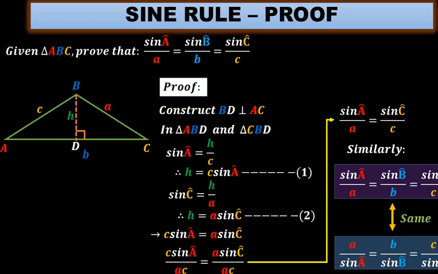They are the same in all respects. So even if you were asked to prove that a divided by sin A is equal to c divided by sin C, and you arrive at this point, then you can easily conclude, therefore, this is the same as a divided by sin A is equal to c divided by sin C. So this is the sine rule both ways, and it is valid.